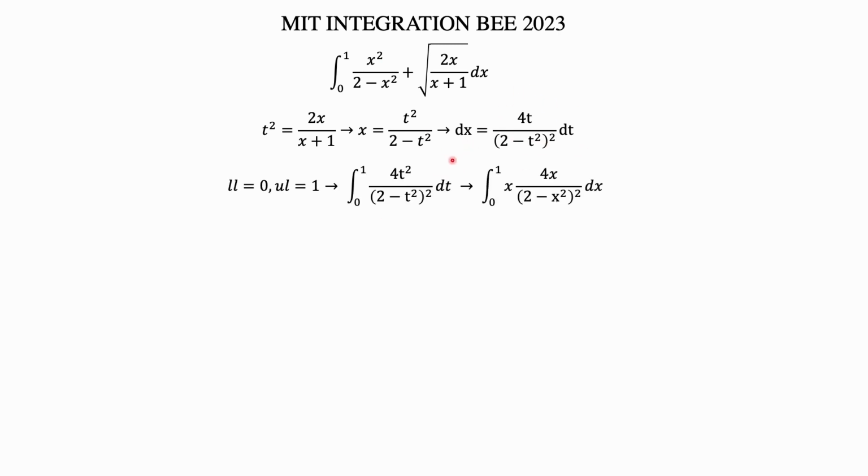So what do the limits become? When I plug my x to be 0, I get t to be 0, and when I put x to be 1, I get the upper limit to be 1. So this whole function is basically 4 times t squared times 2 minus t to the power squared over 2 dt.